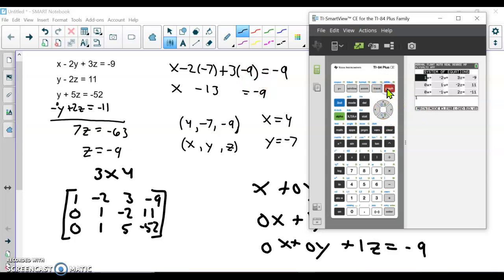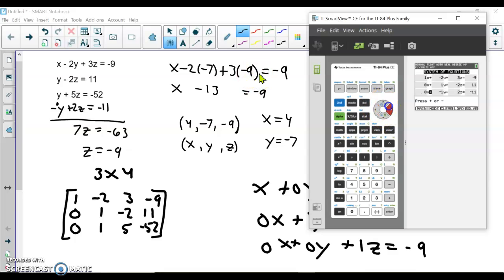Let's do next. 1, -2, 3, -9, 0. Oh yeah, I did type a number in wrong. Look at that. This needs to be -2. And then this is, no, I did it right. This is a 1. What am I talking about? It's a 1, -2, 11. Oh, I see the mistake. It's down here. I copied the same row over again.